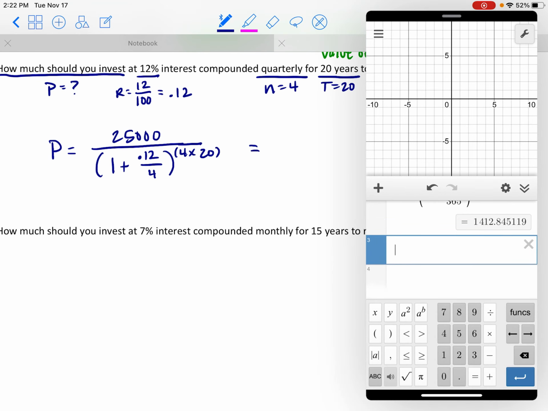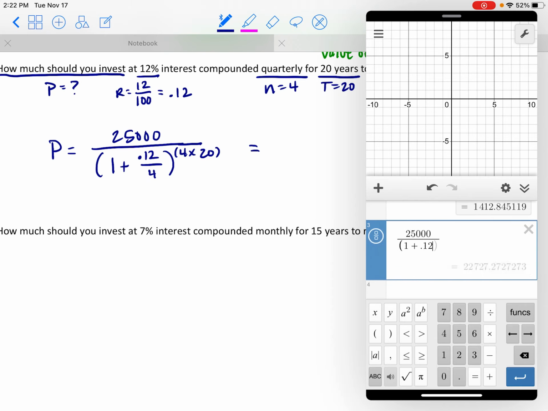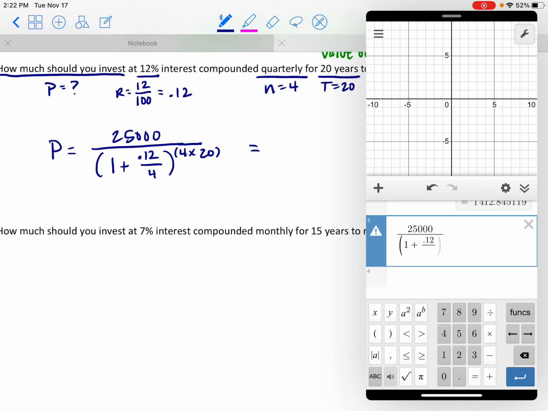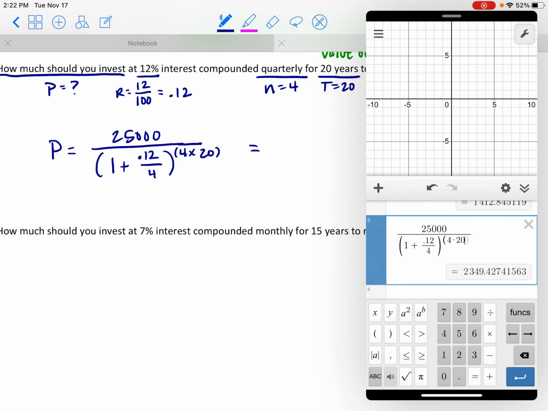So we've got 25,000 divided by, in parentheses, 1 plus r, which is 0.12, over n, which was 4. Close that and raise it to the, in parentheses, 4 times 20 power.